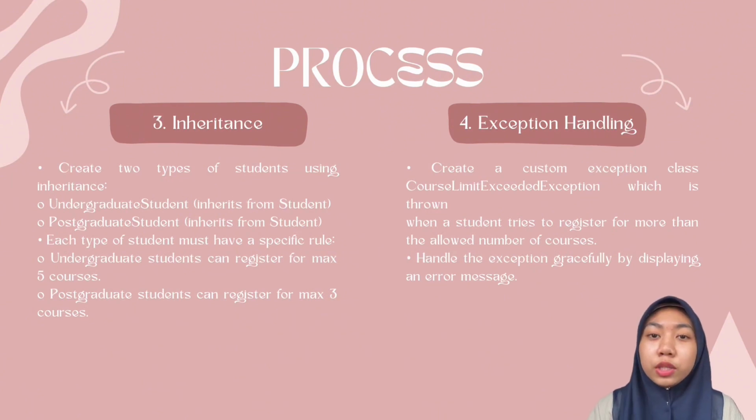The undergraduate student class can only register up to 5 courses, while the postgraduate student class can only register up to 3 courses. This difference is implemented by overriding the add course method in each subclass. When the number of courses exceeds the limit, the system will stop adding and show an error message.